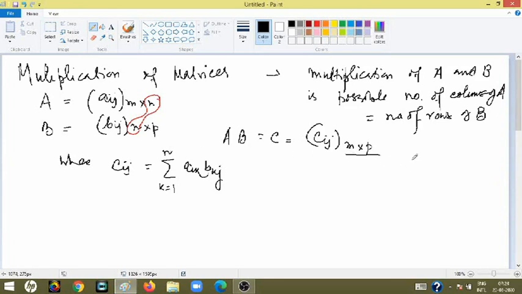And here AB is not equal to BA, which means matrix multiplication is not commutative.